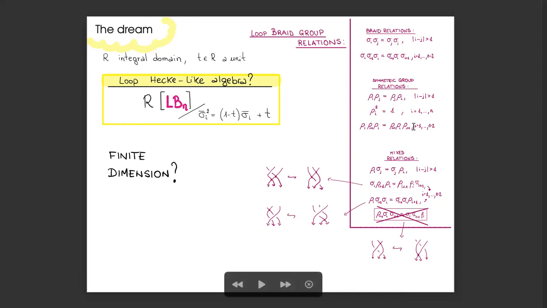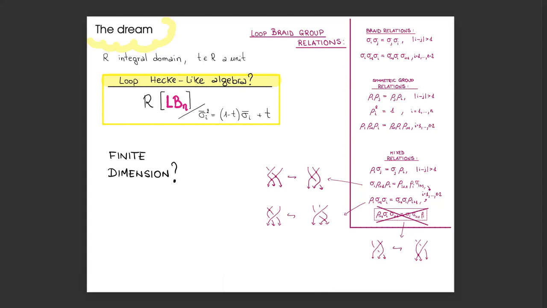And well, the third symmetric relation: like for the sigma, we have rho i+1 rho i rho i+1 equal to rho i rho i+1 rho i. And then the interesting part are the mixed relations. The first one gives us no surprise. When we have generators that act on different parts of our braid where the indices are far enough apart, they commute.